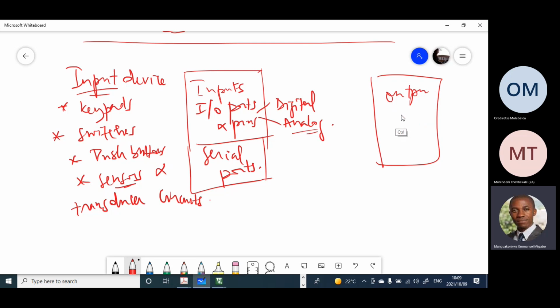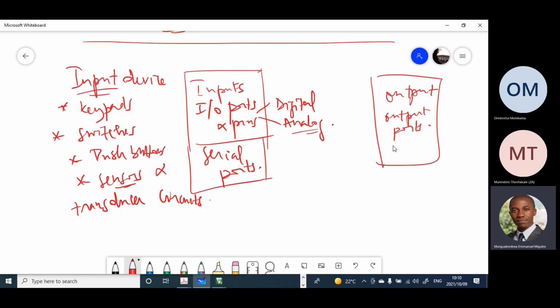We often refer to them as I/O ports because most of the time each of these pins and ports is configurable, and can be used sometimes as input, sometimes as output. So here we're talking about output ports, those ports that are configured to be output.